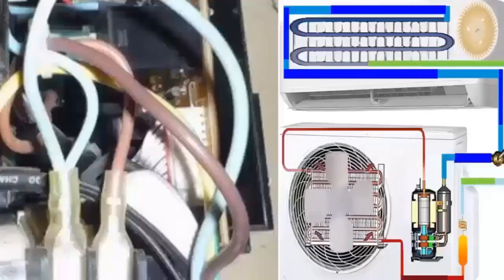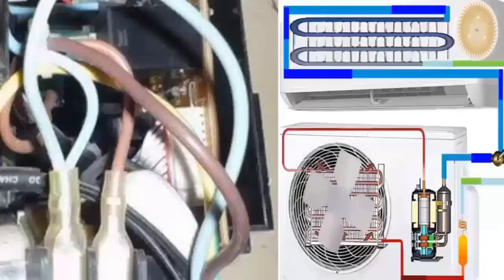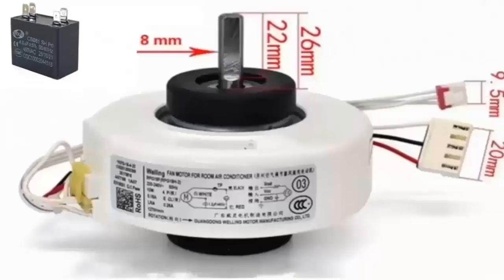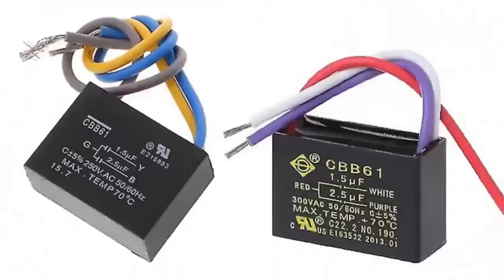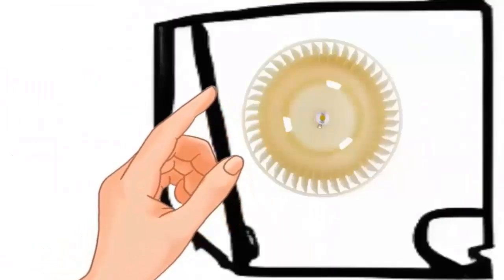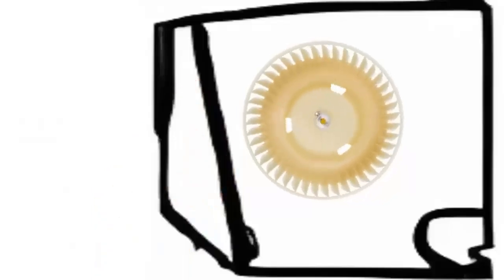Check the capacitor. Some fans require a capacitor to work correctly. Check if your unit has one. Inspect the connections. If needed, test with another capacitor with the same specs. Quick test. Power the motor and manually spin the fan. If it starts, the capacitor is likely faulty.